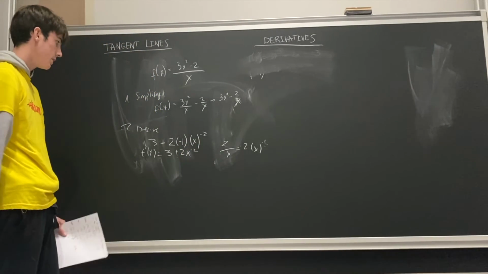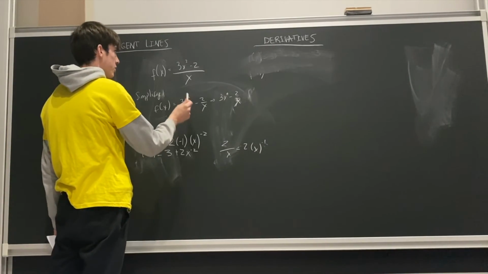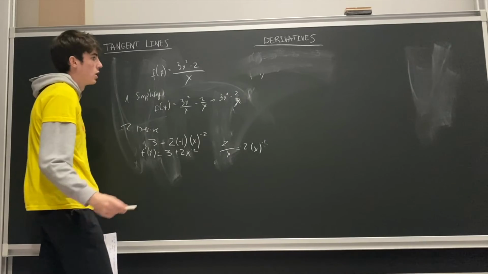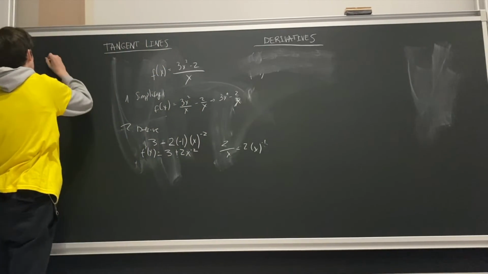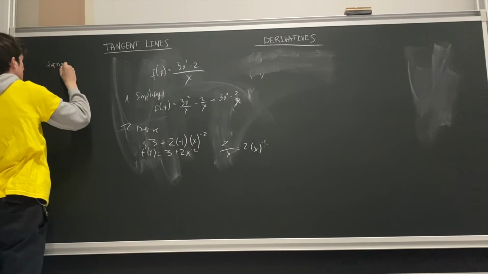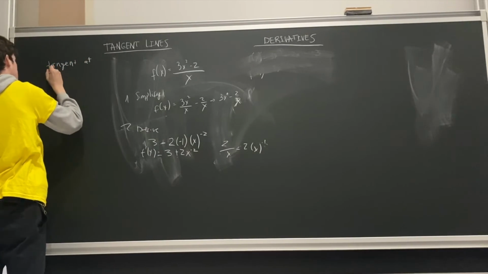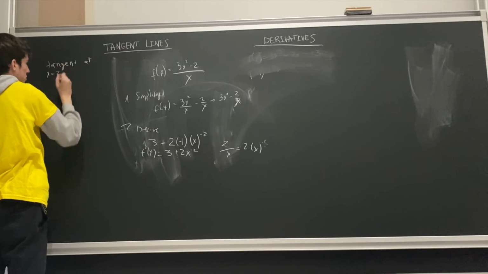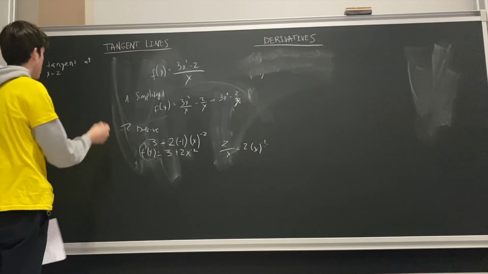Now, what do we have to find? What we have to find is the tangent line to this curve at x equals 2. So we're going to get the derivative and plug x equals 2 into the function.